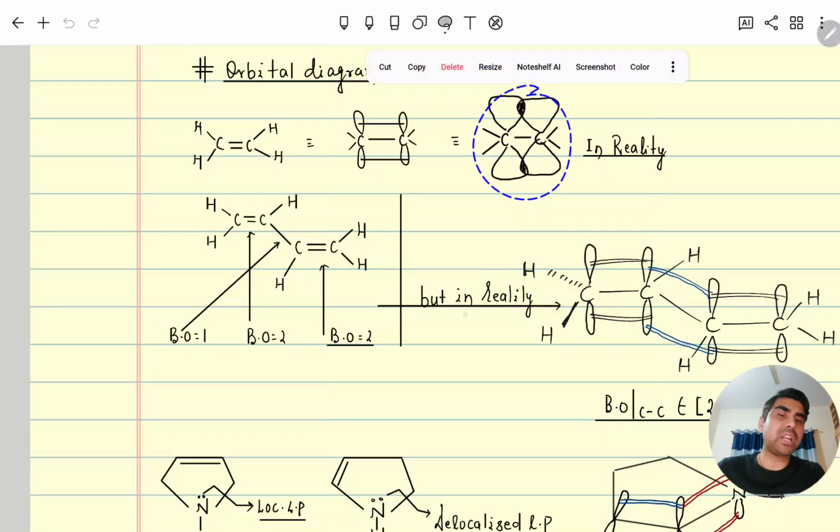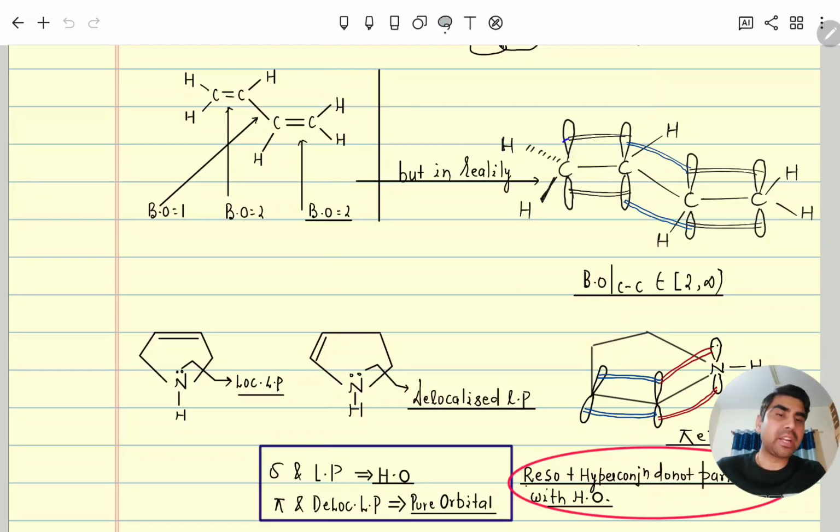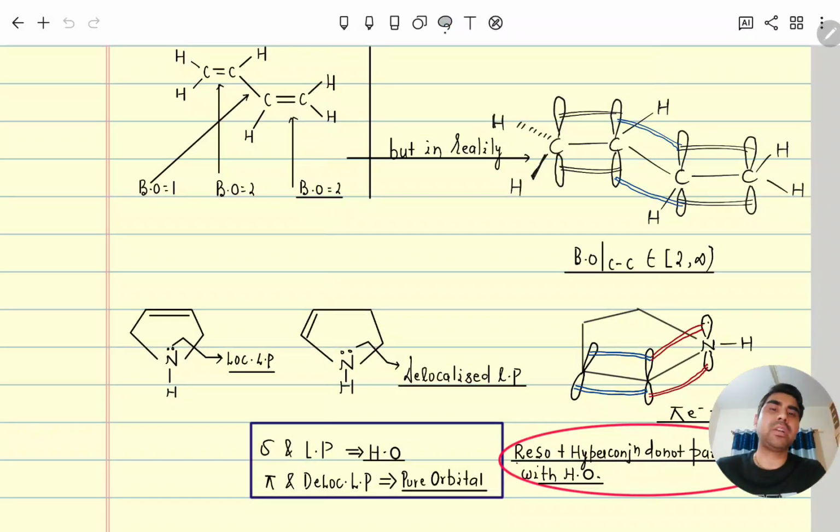In reality, overall we can say that the electron is dispersed throughout these orbitals, because they are overlapping with each other in this fashion. Here one electron, here also one electron, and they are forming a pi bond, and here also one electron, here also one electron.